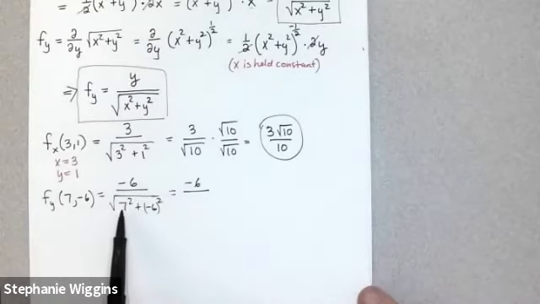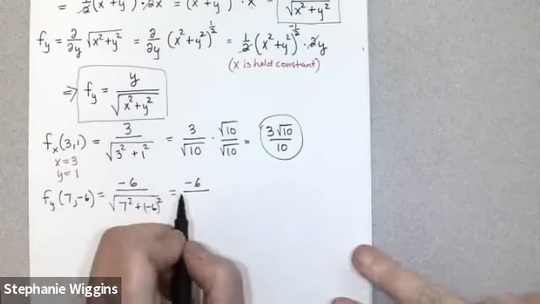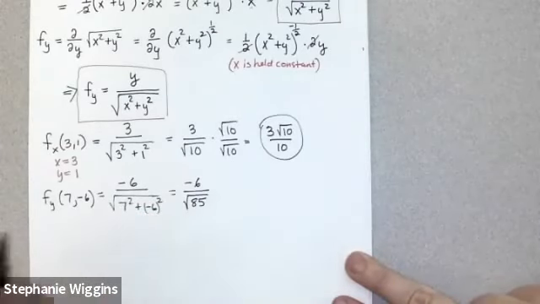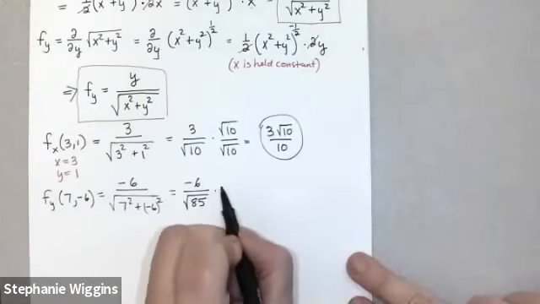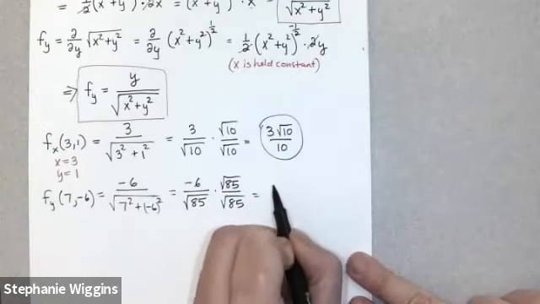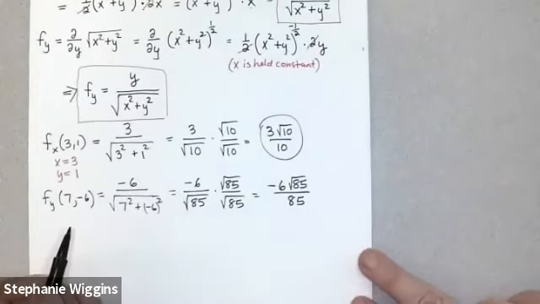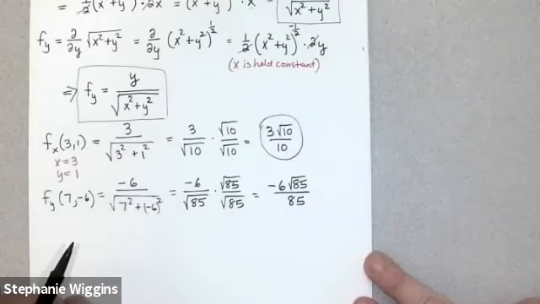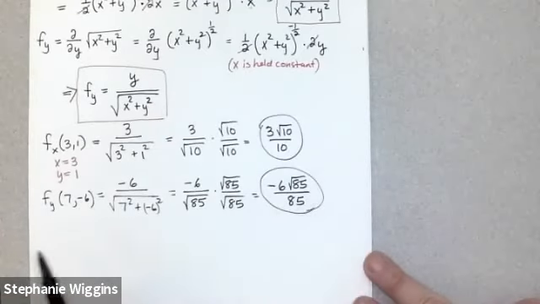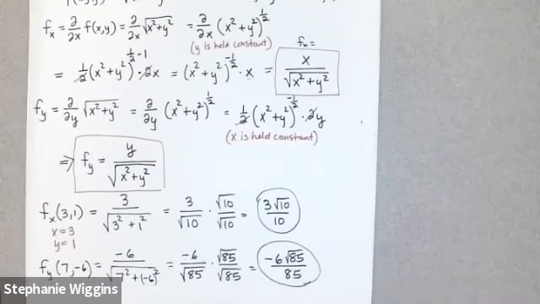And this is going to be 49 plus 36. That is going to be 85. Okay, and of course, to rationalize the denominator, gives us negative 6 square root of 85 over 85. And that completes our problem there.